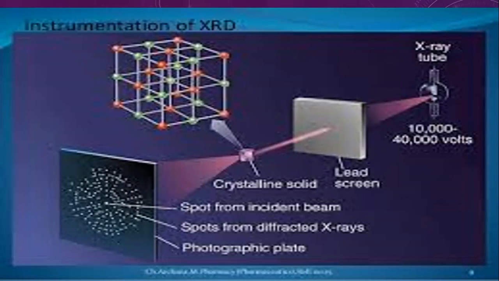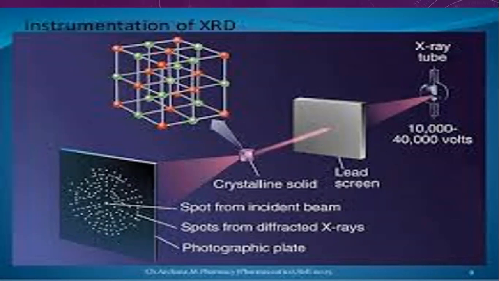First of all, the X-ray tube uses a voltage of 10,000 to 40,000 volts to produce X-rays. These X-rays hit the lead screen and pass through it. They hit the crystalline solid, by which the structure of the crystalline substance can be seen.